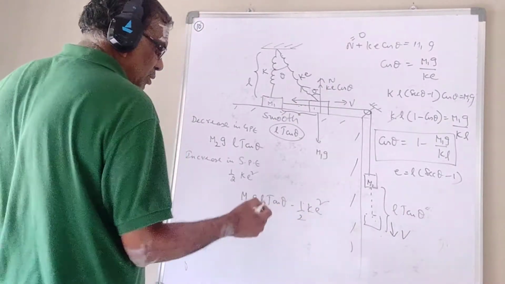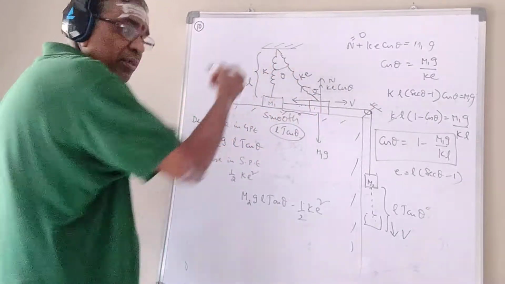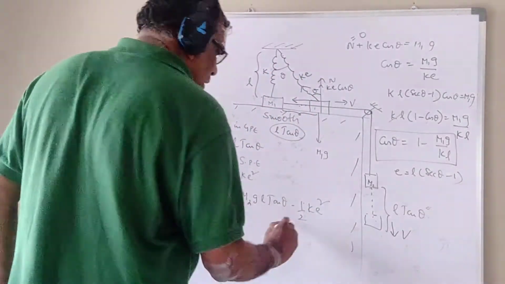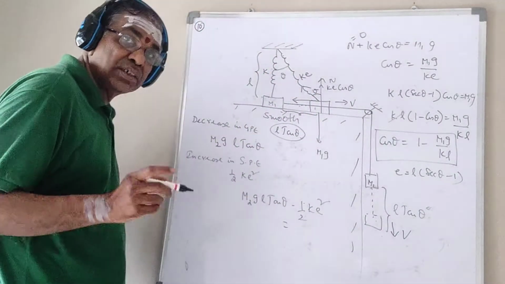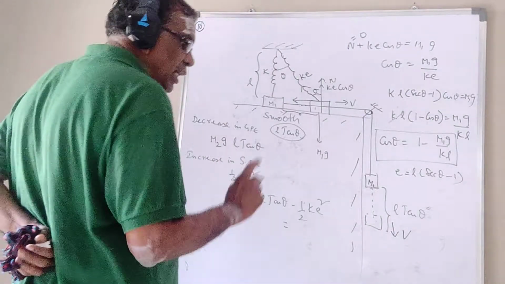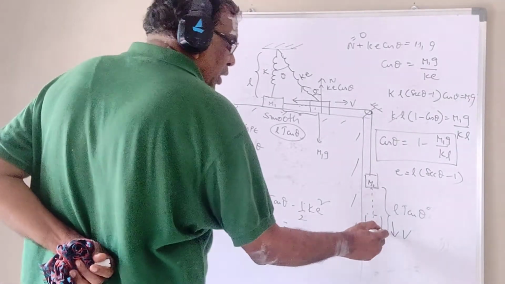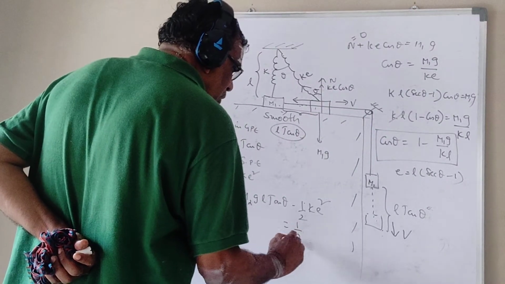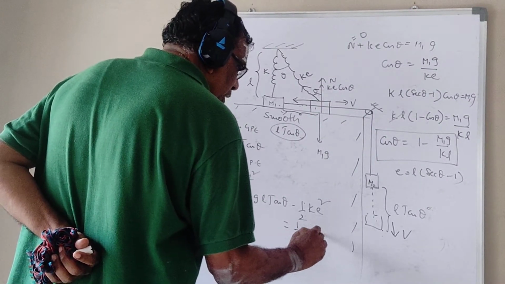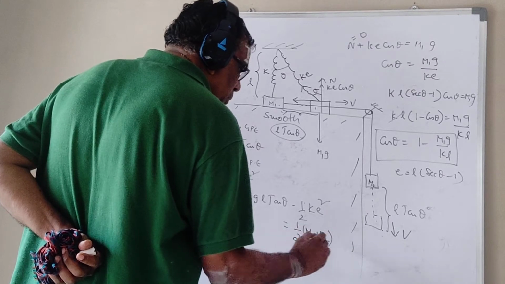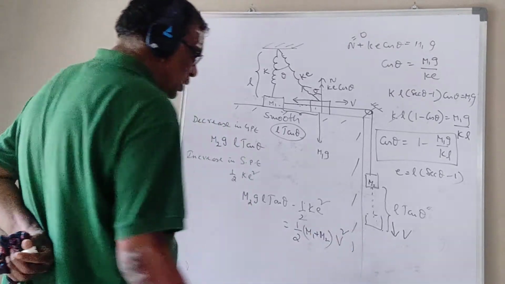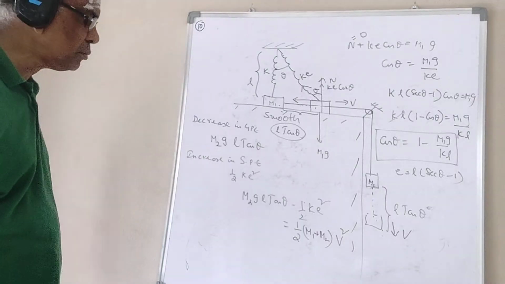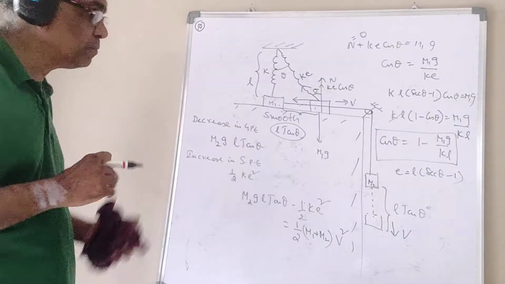Part of it has gone to the spring potential energy and the remaining has gone to the kinetic energy. What is kinetic energy here? This body has V, this body also has V. Therefore, half m1 plus m2 into V square. It is clear?